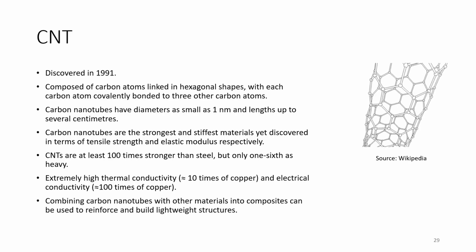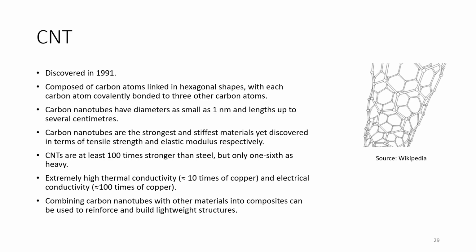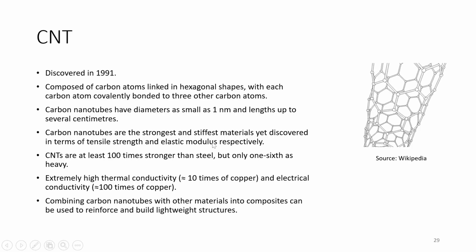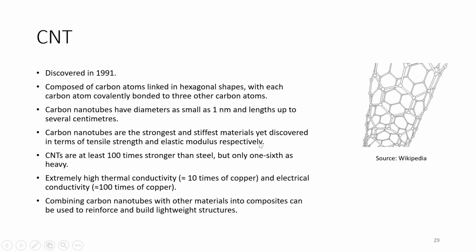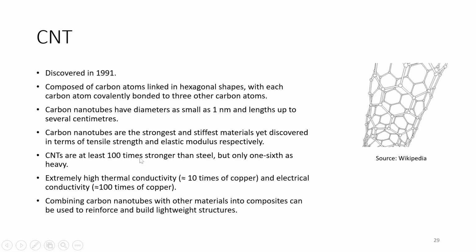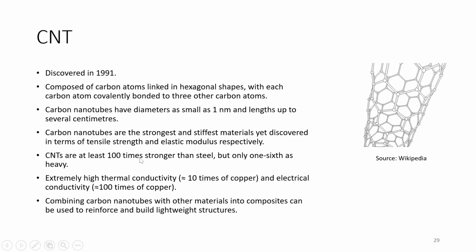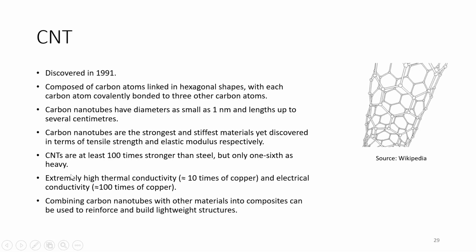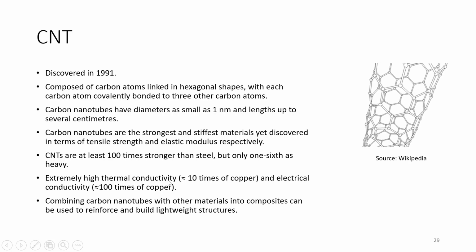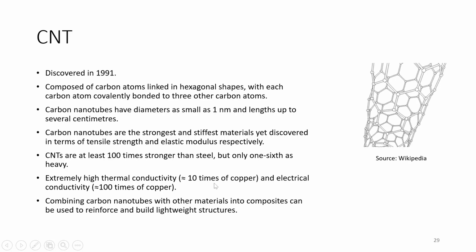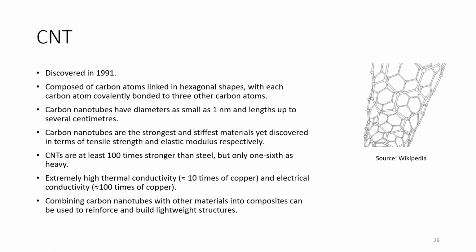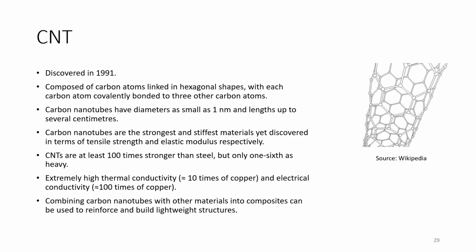The carbon nanotubes are the strongest and stiffest material yet discovered in terms of tensile strength and elastic modulus respectively. And these CNTs are at least 100 times stronger than steel but only 1/6 as heavy. They also have extremely high thermal conductivity, such as 10 times that of copper, and electrical conductivity 100 times that of copper.